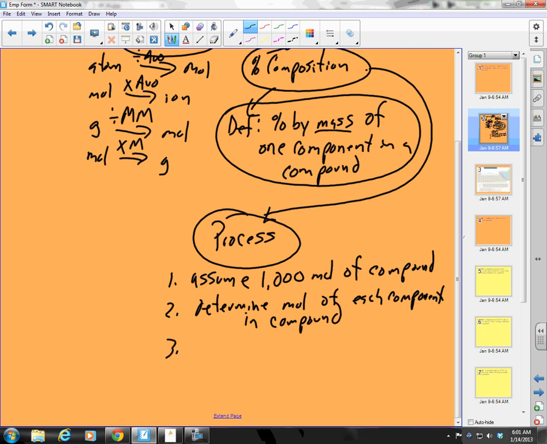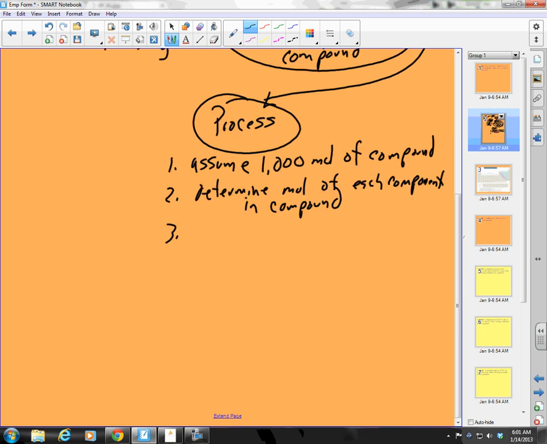Three, calculate grams of the component of interest by doing what? Taking my moles, multiplying by the molar mass of the component. Right? Moles of component times the molar mass of the component.